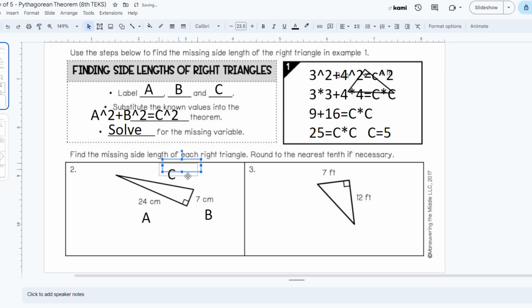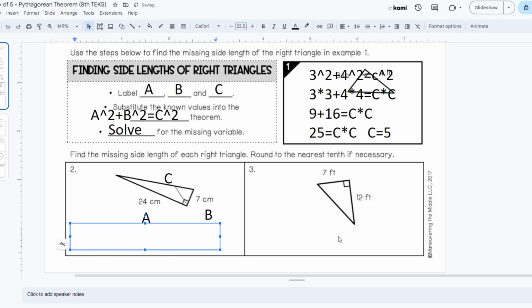So remember, our hypotenuse is always directly diagonal to our right angle. And our legs are always going to be touching that right angle. So leg, leg. We're going to square them next, following our formula. So 24 times itself plus 7 times itself equals C times itself.